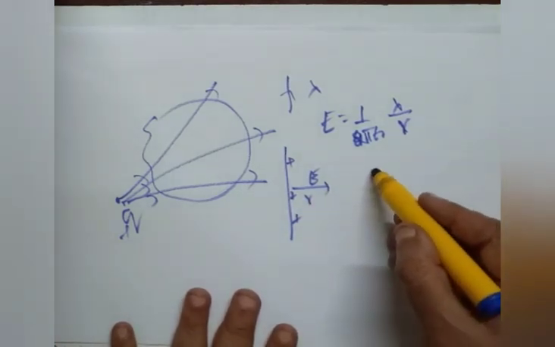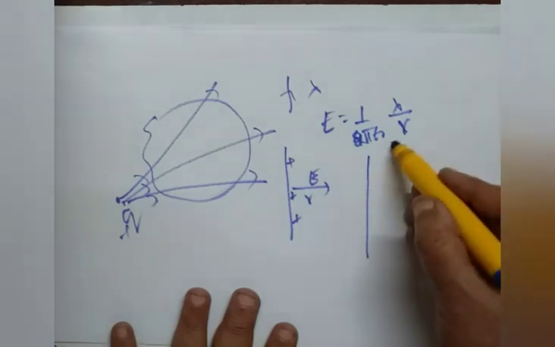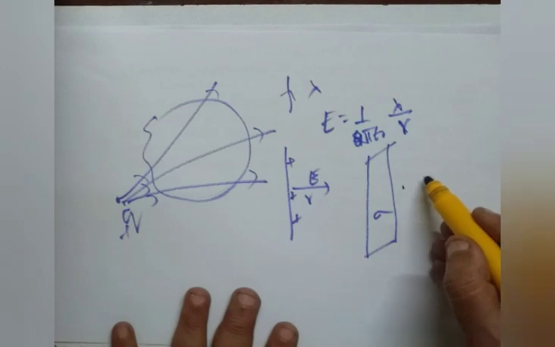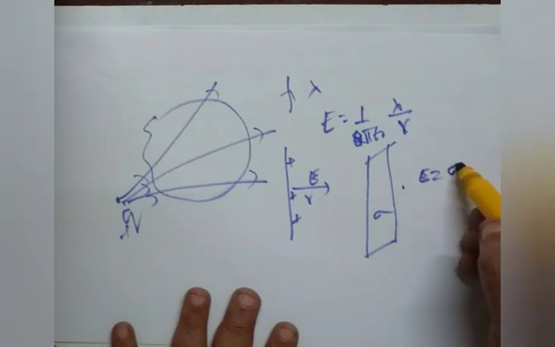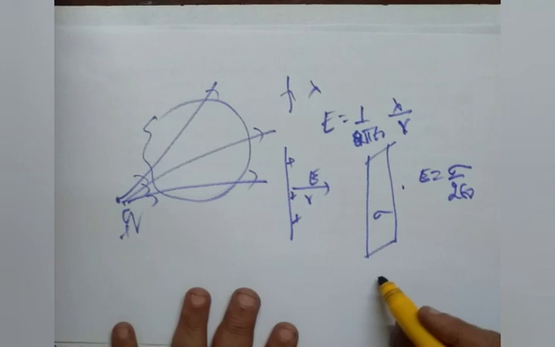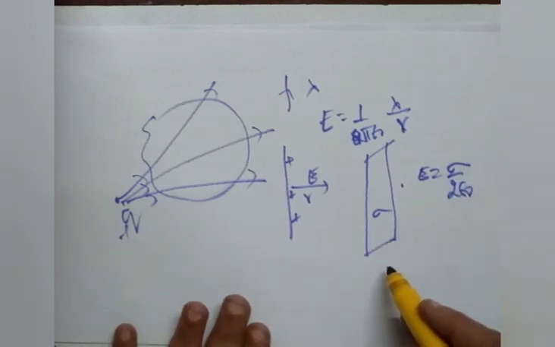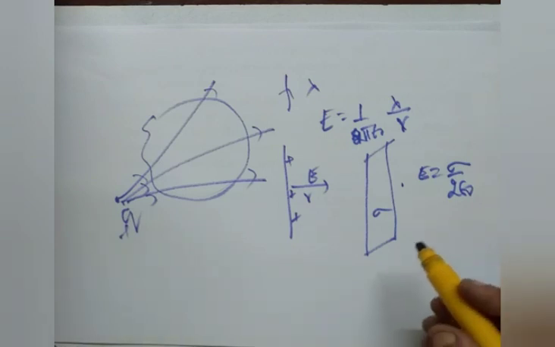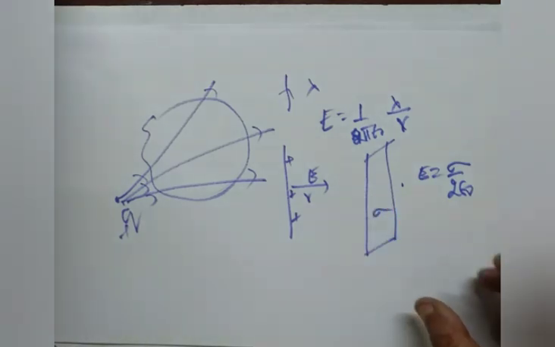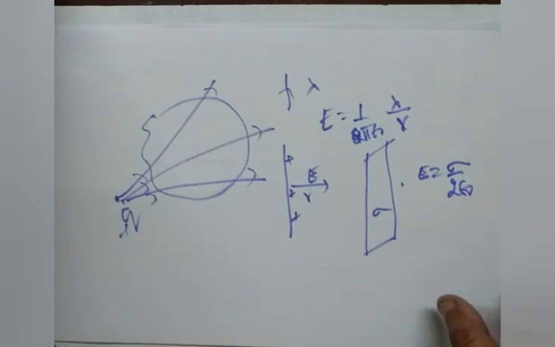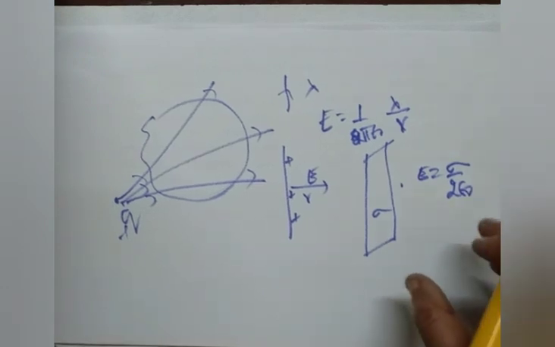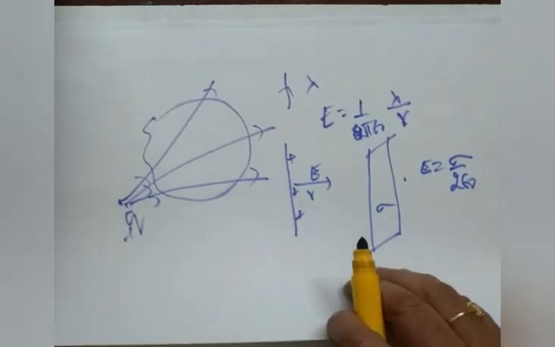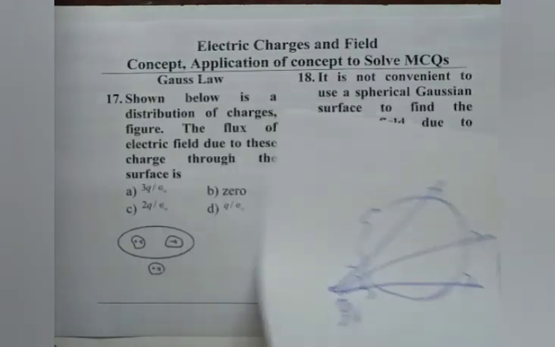In the same manner, for an infinite sheet of charge with charge density sigma, the electric field is sigma by 2 epsilon naught, where sigma is the surface charge density. For volume charge, we have not calculated, there's no need to bother. These two are very important formulae in electric field due to continuous distribution of charges and Gauss law applications. Now with these things, we start proceeding to this question.